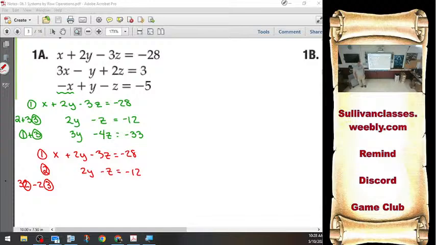Can you do it in your head? Can I take this times 3, this times negative 2, add them? Gone. Take this times 3, negative 60, or negative 36.